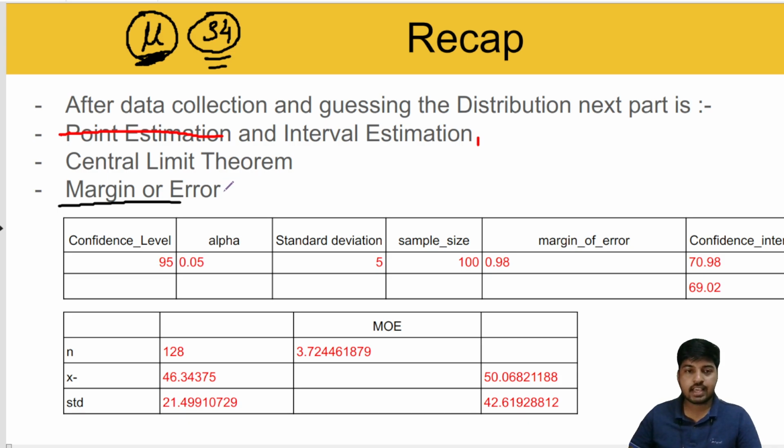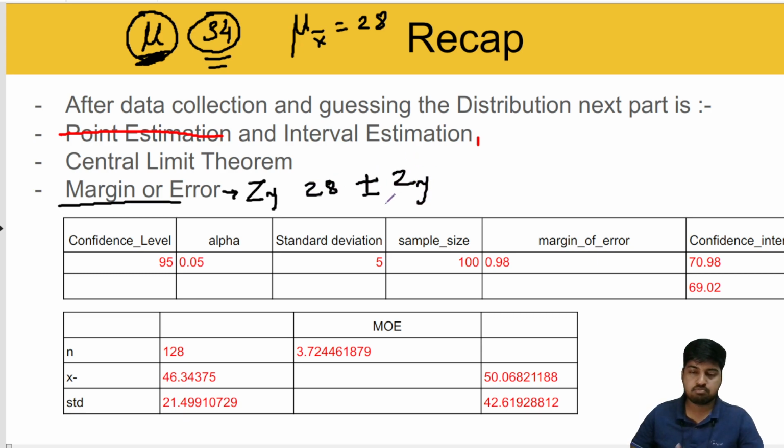So what will happen? We will calculate this margin of error. We will simply set that Z gamma. And the sample mean, here I will write it as mu x bar, which is 28. Suppose we have calculated. Then we will take 28 plus minus Z gamma, or the margin of error. Don't worry about the symbols.